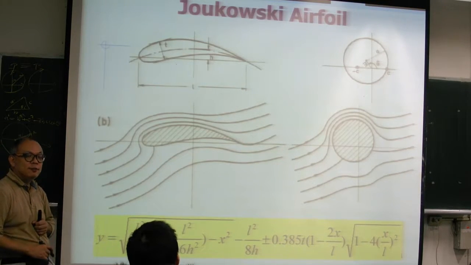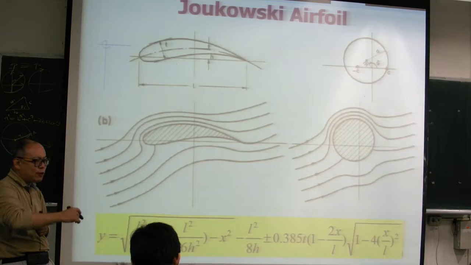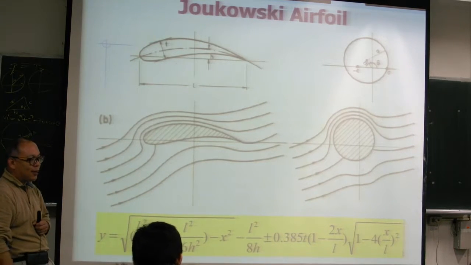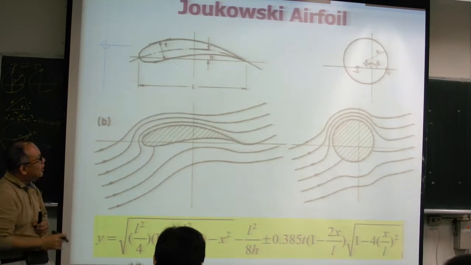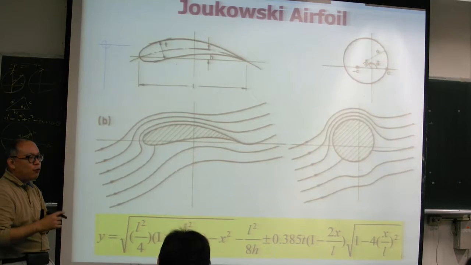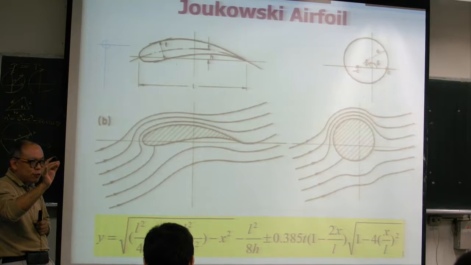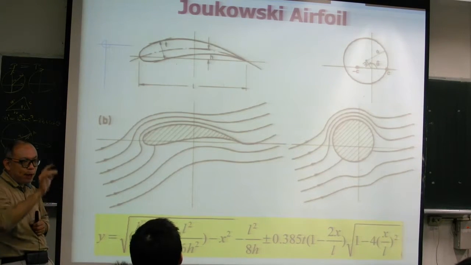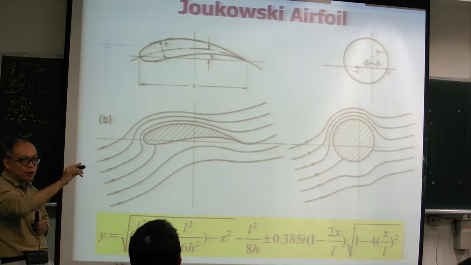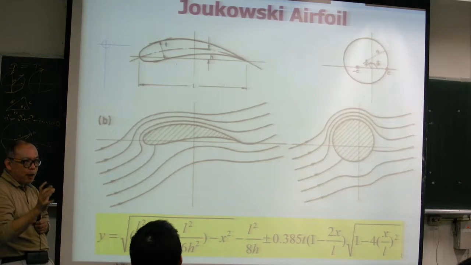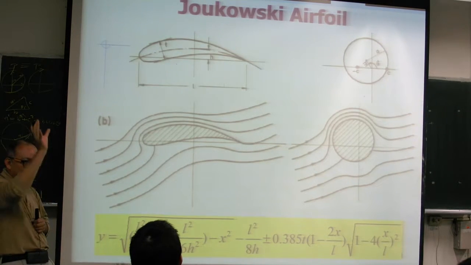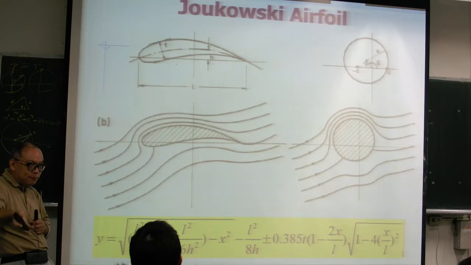Finally, I would like to close this chapter today. This is very tedious. We know how to generate the thickness already: by moving the circle to the left, we can increase the thickness. By moving the circle upward in the y direction, we generate camber.